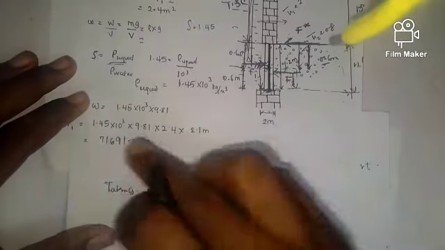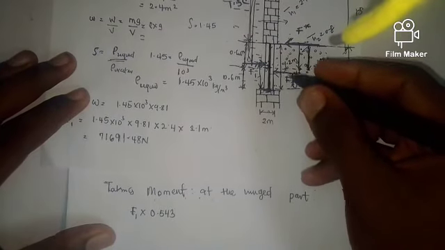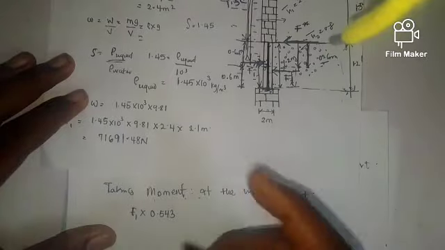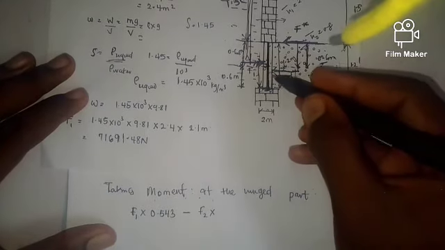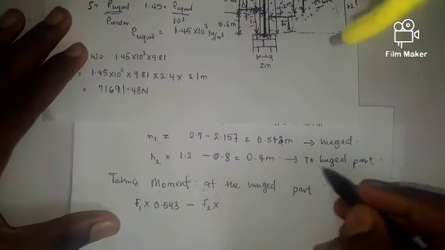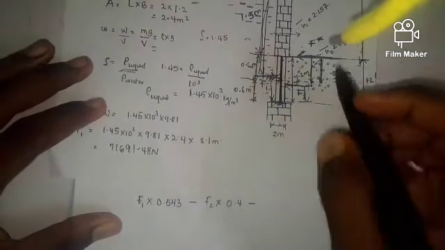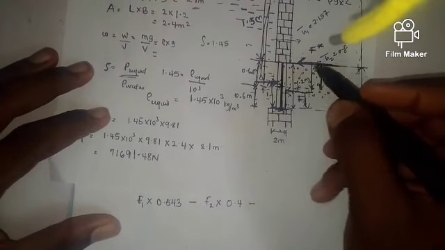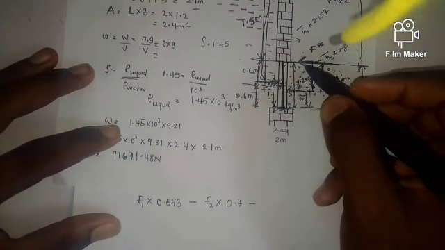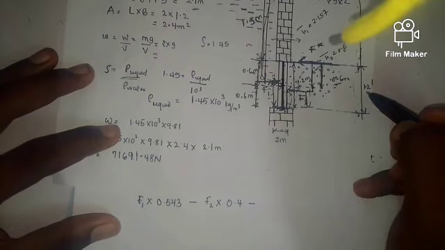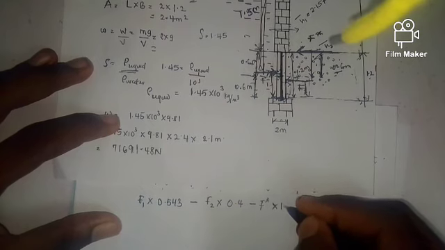Now, since F2 is opposite in direction to F1, there's going to be a change in sign, so minus F2 times the perpendicular distance to the hinge part, which we got as 0.4. Minus another change in sign, because my horizontal force, F star, which we're looking for, is in the same direction as F2, times the perpendicular distance, which is 1.2, F star times 1.2.